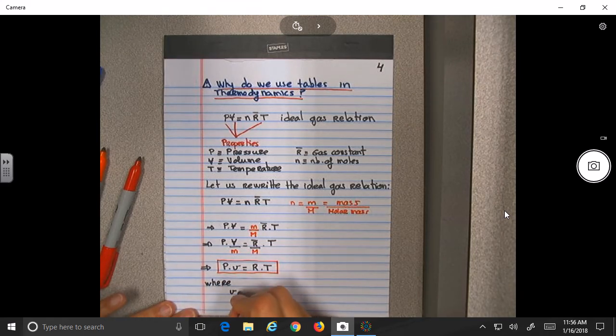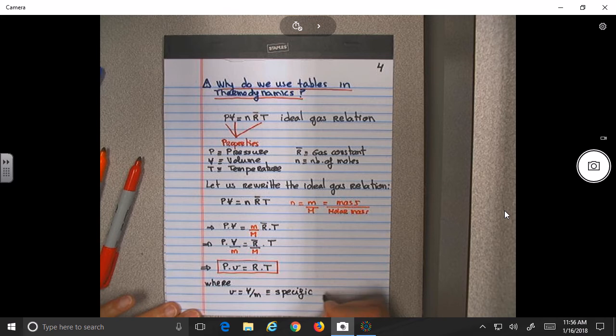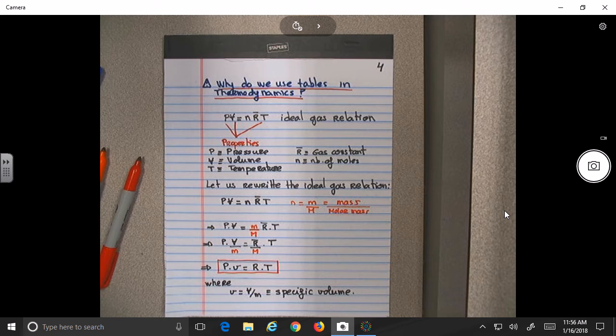Where what would be letter V? Should be V over M, which is called the specific volume. Why did you say specific volume? Because it's an intensive property, it's variable mass.